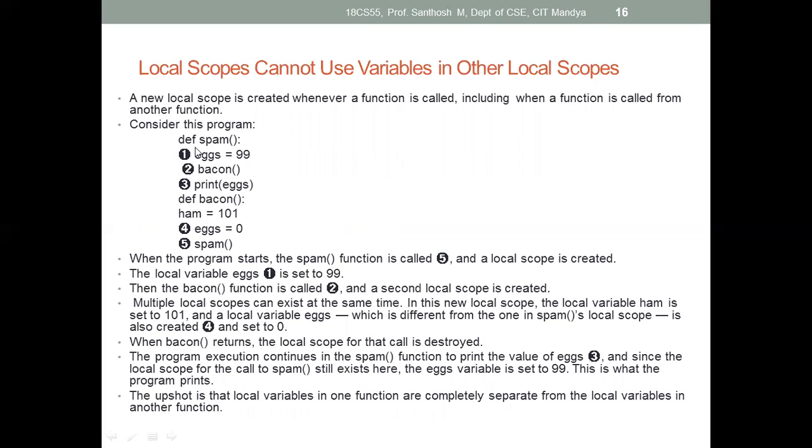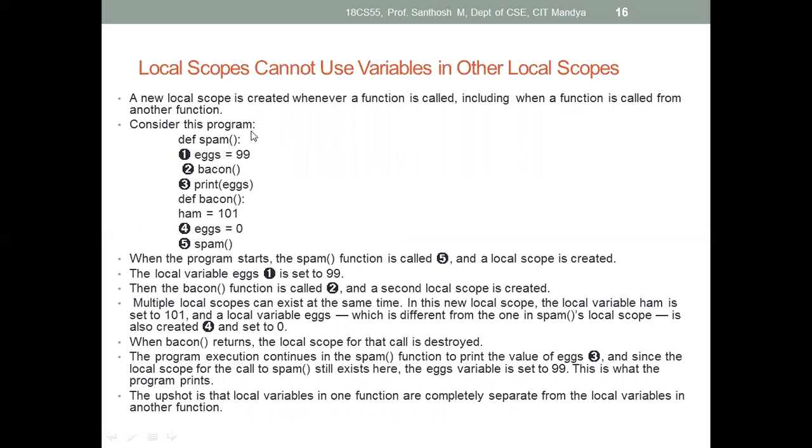So now here you see the definition of spam. Inside the spam function we defined one variable called x, equal to 99. After that this function will get executed. When you call bacon, these values get executed: ham is equal to 101, x is equal to 0. But outside this, we are calling the spam function.